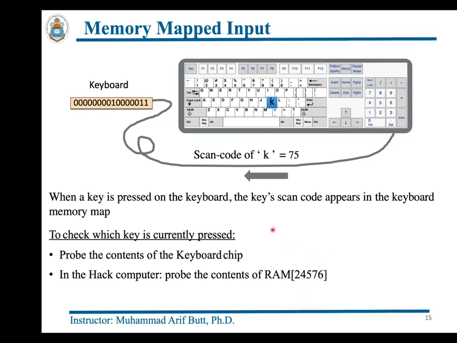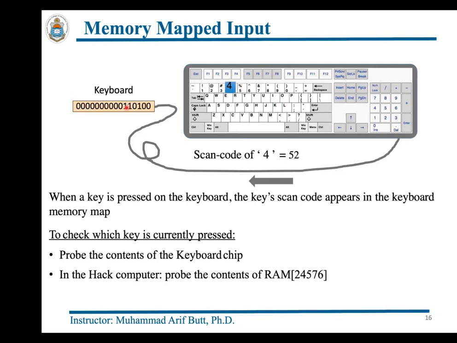Okay, so if a user presses the capital K key on the keyboard, the code written on the keyboard memory map at RAM address 24576 will be 75, whose binary representation is shown over here.